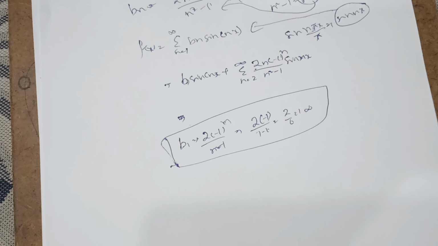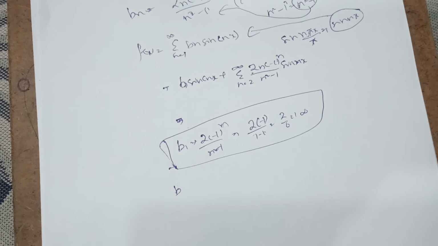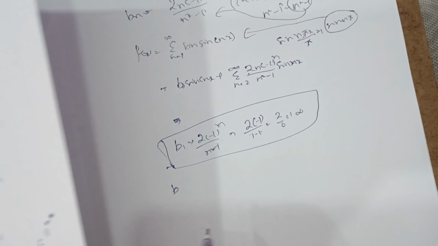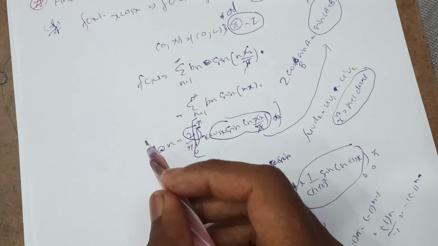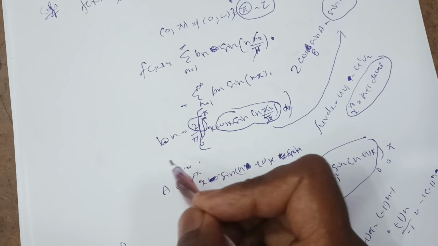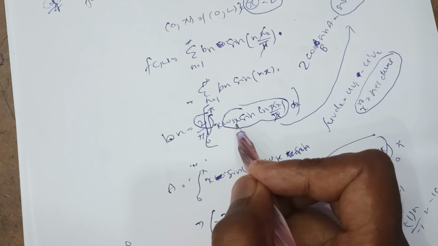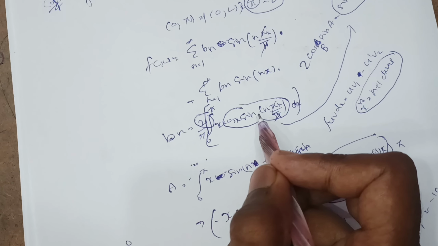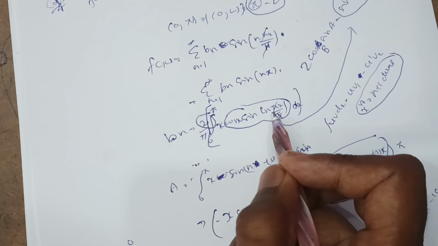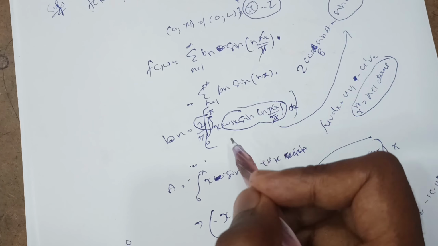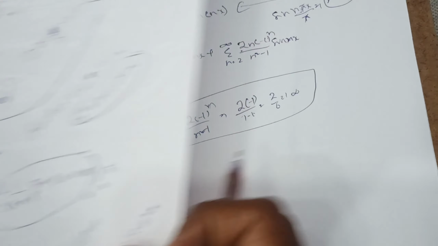So here we will directly substitute in the integral we have solved in the first page. So here is the integral b1 equal to 2 by pi integral 0 to pi x cos x sine 1 into x dx. So here we will write it in the next page.